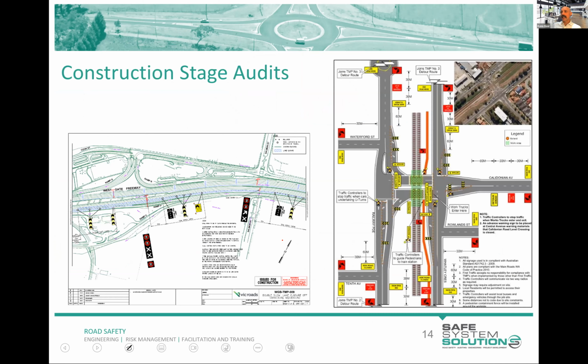For the construction stage road safety audits, there is a bit of a misconception that these are a compliance check with the code of practice. Are the bollards set out at the correct spacing? Have they used the correct sign?